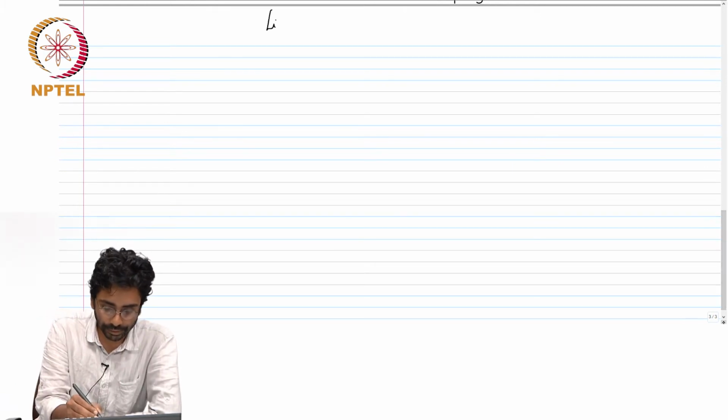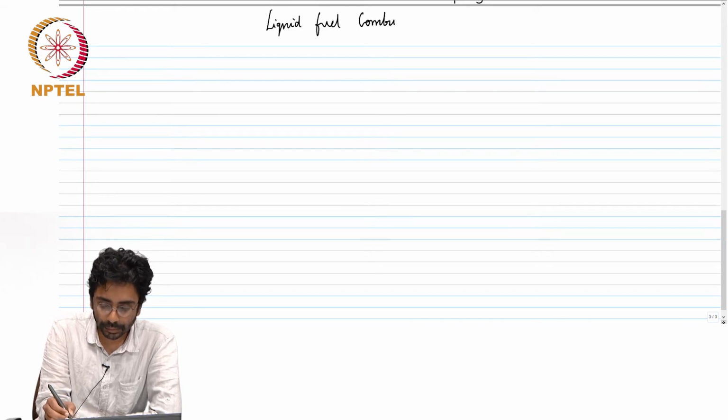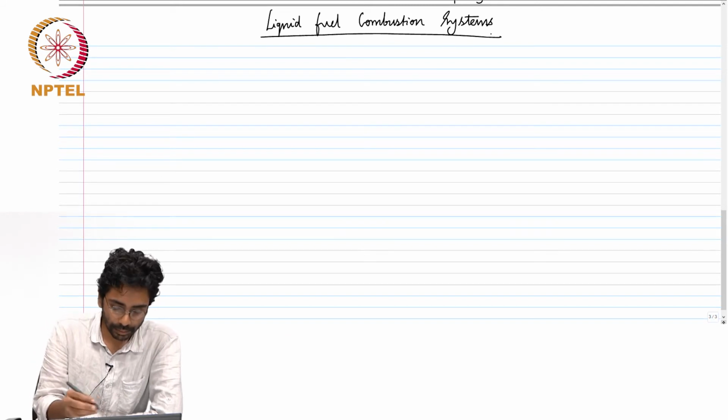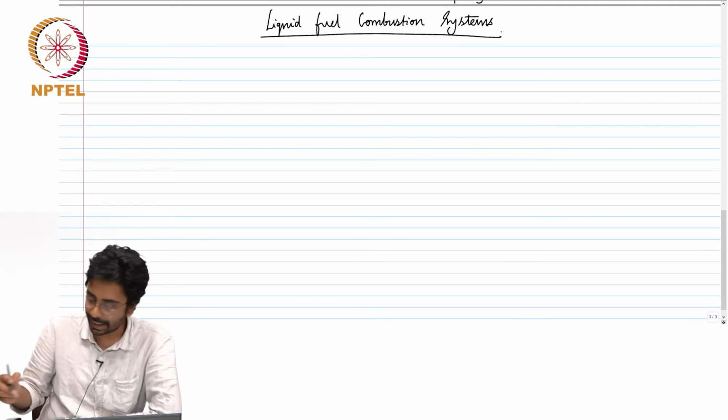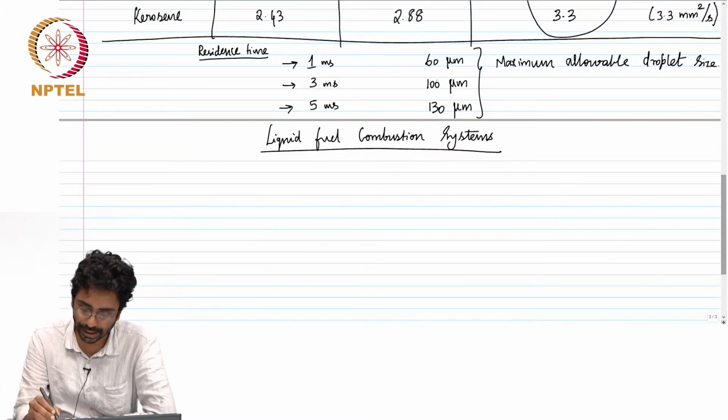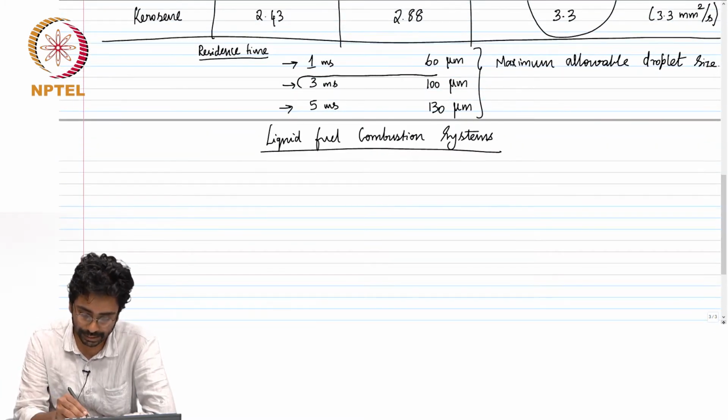Liquid fuel combustion systems. We will take the 3 millisecond as a reference number to work with, and for 3 millisecond the maximum allowable diameter is 100 micron. Okay.